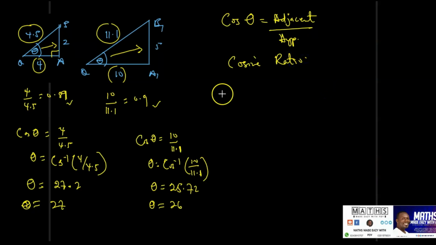So the first ratio is the sine ratio, which is the opposite side over the hypotenuse. The next ratio is the adjacent side over the hypotenuse. Remember, we investigated these numbers and used them to establish the cosine ratio and the sine ratio.